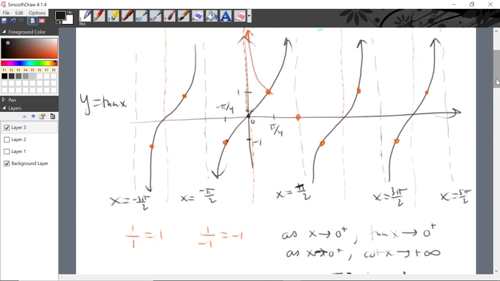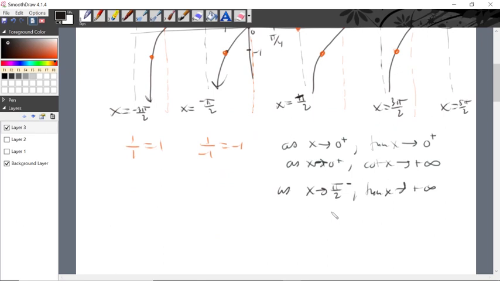Going to positive infinity. Okay? Then the cotangent of x, being the reciprocal of this, okay, would be approaching 1 over a really large positive number. So this is approaching 0, but remaining positive.